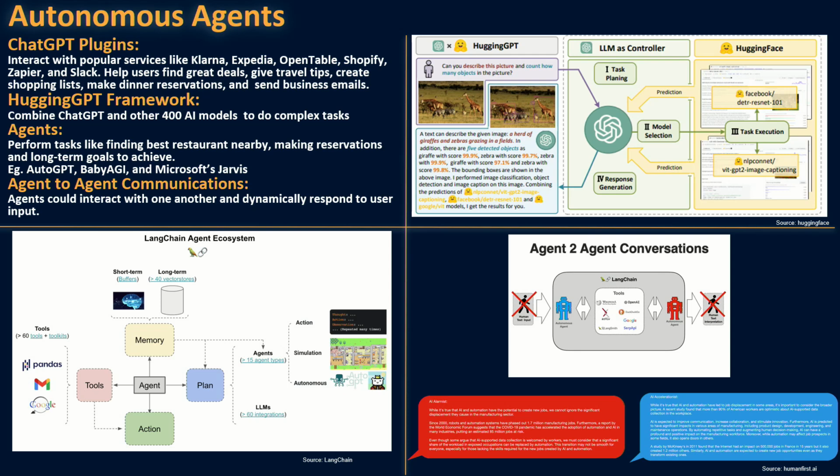That's how this autonomous agent framework works in Hugging Face. And if you look at LangChain, a similar framework, you have different agents and different LLMs. You can integrate them and ingest this expert model architecture into that. The fourth quadrant is agent-to-agent communication, where human involvement is pretty minimal and they communicate with each other.